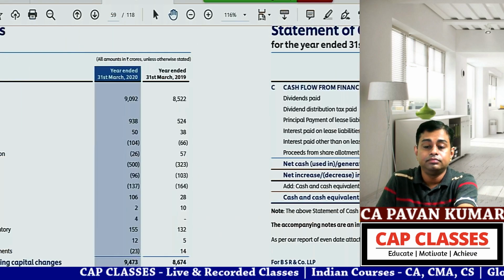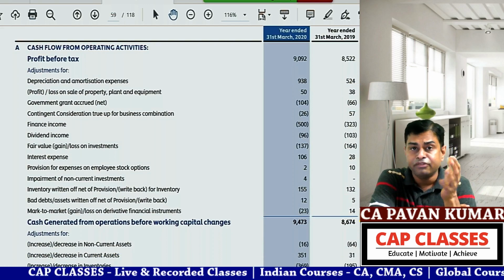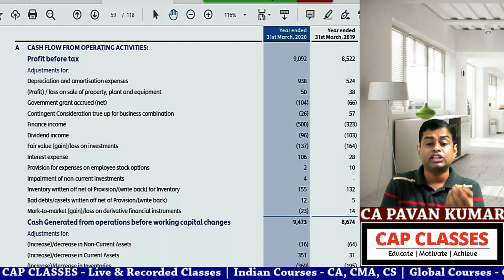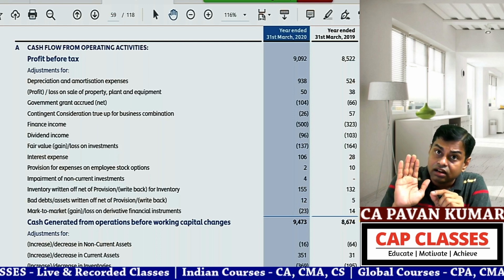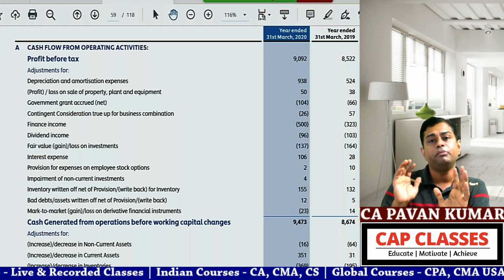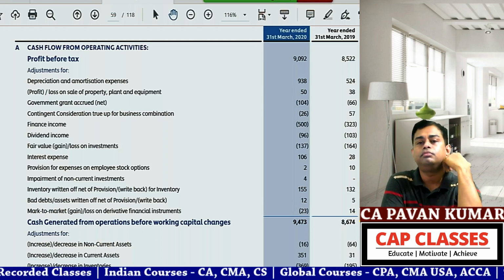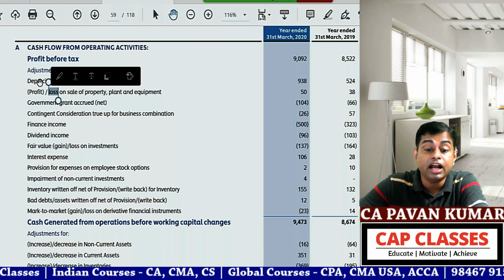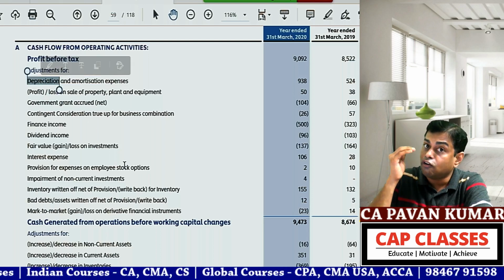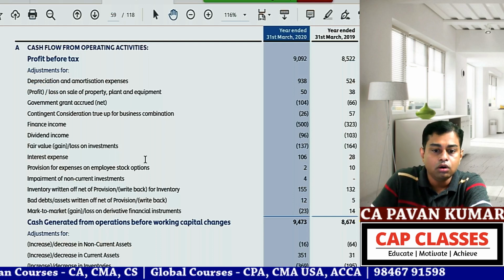You understand? Now look here. Take profit before tax. They have already taken profit before tax only. If you take profit after tax, you would have added tax, then it becomes profit before tax. Then depreciation, a non-cash expenditure, add it.